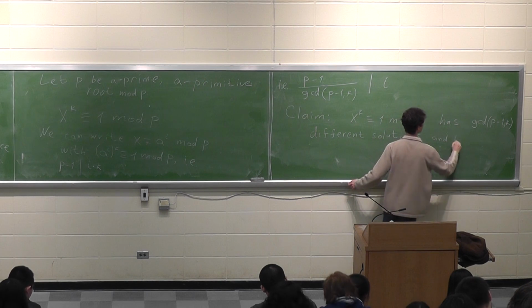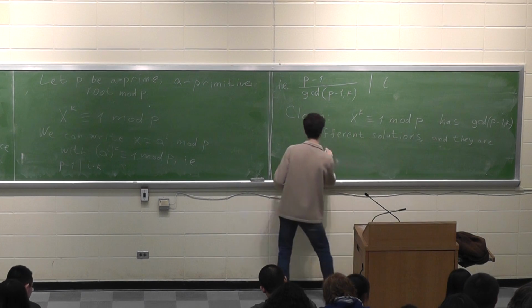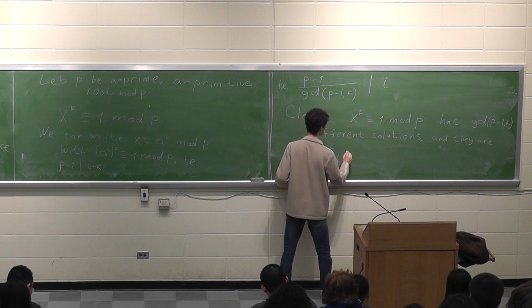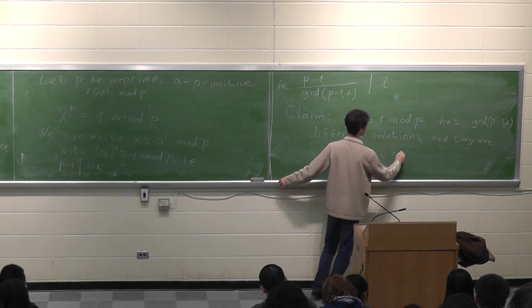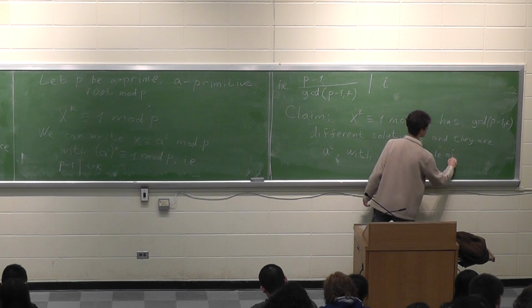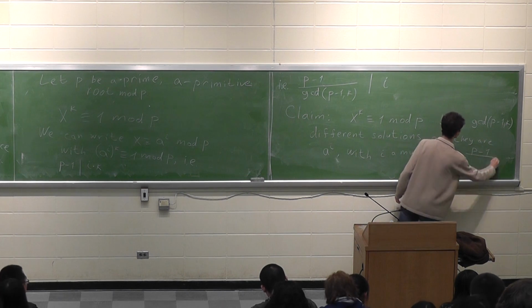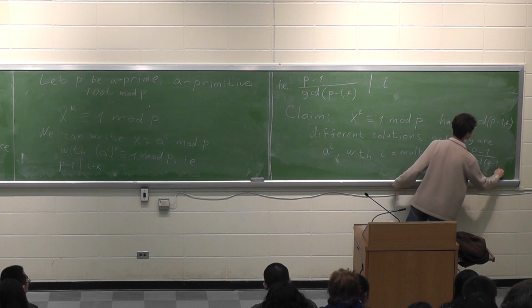And they are a to the power I, with I a multiple of p minus 1 divided by GCD of p minus 1 and k.